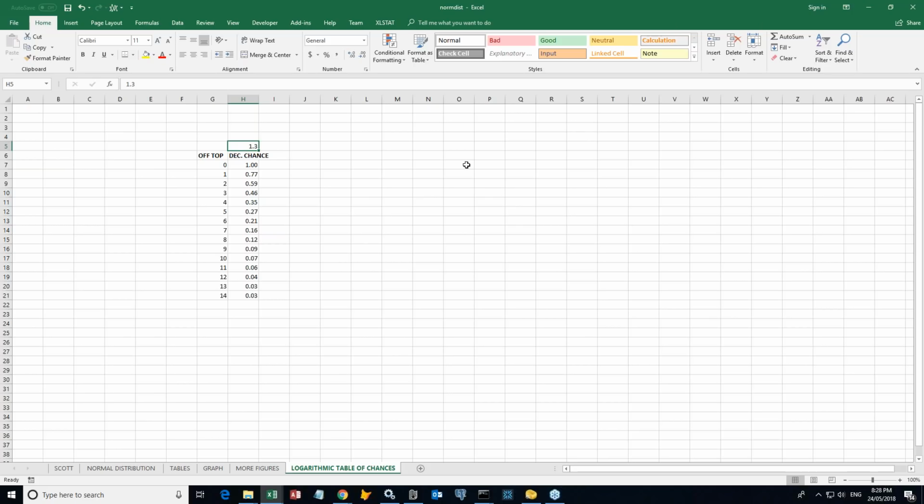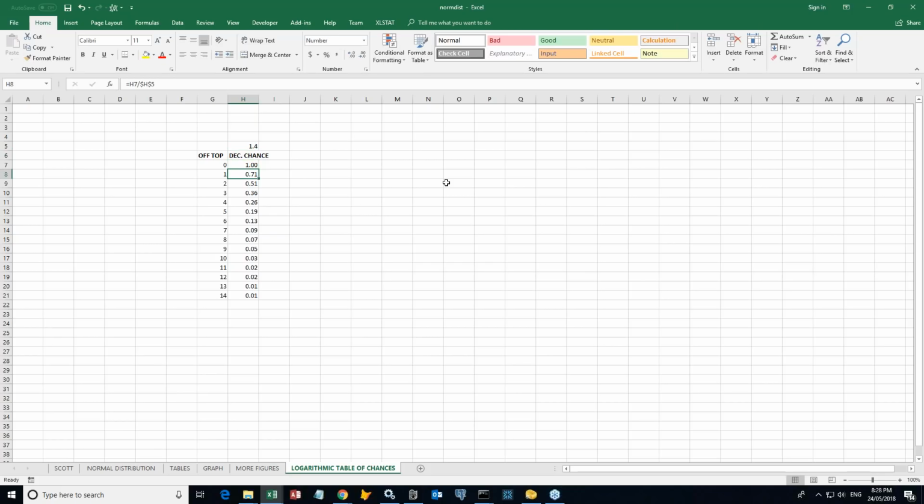So I've set it at 1.3 so that you can see what horses would get if they were X number of points off top. If we change it up to 1.35, you'll see that these horses down here get a lesser figure, their figures go down. If we change it to 1.4, everybody goes down a bit more.